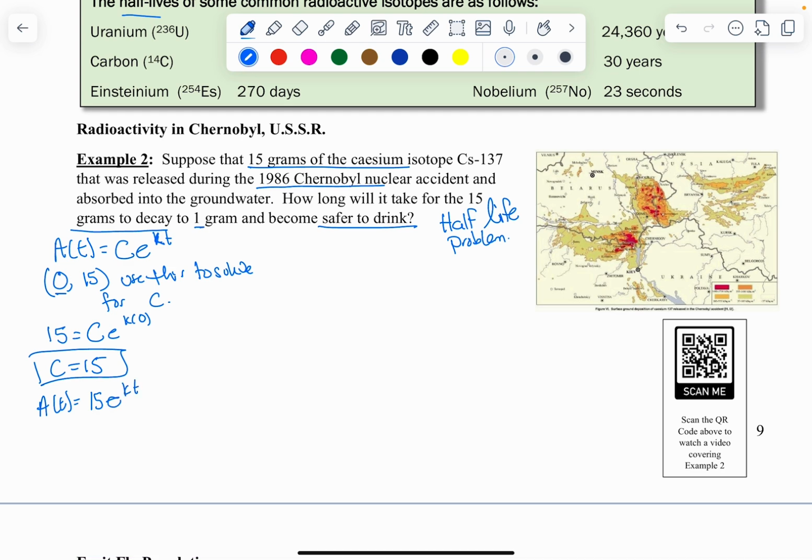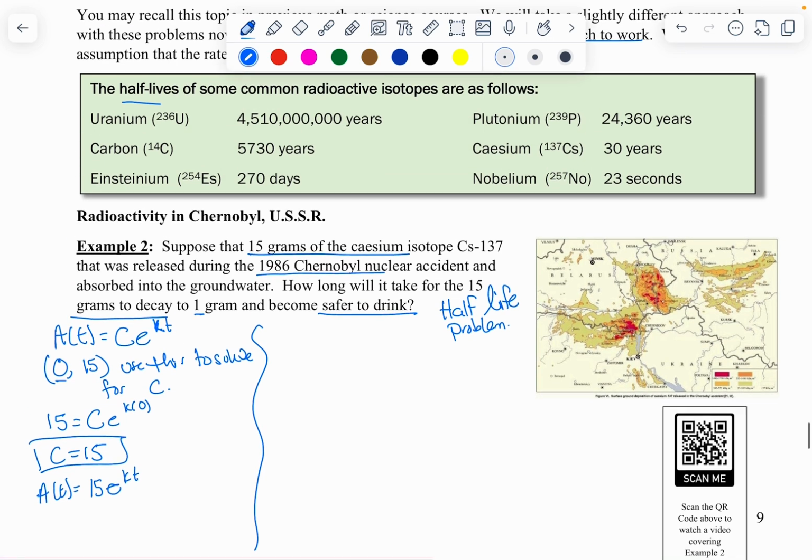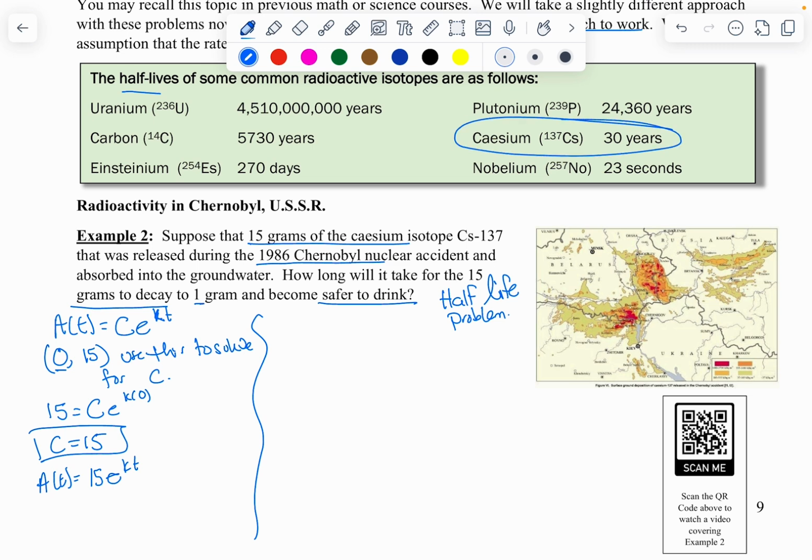Now, what values are we going to use to solve for k? Given this information up here for cesium, cesium's half-life is 30 years.